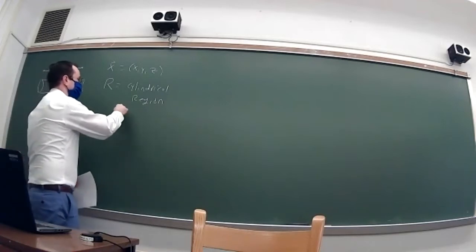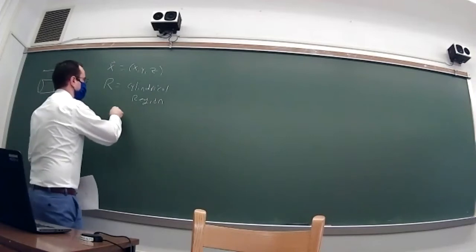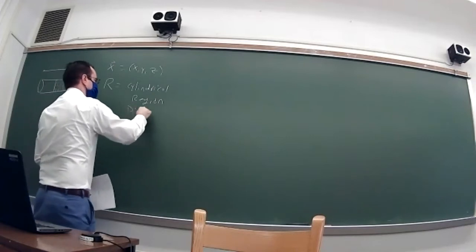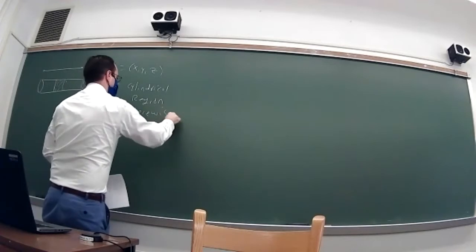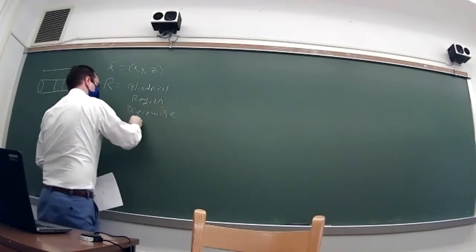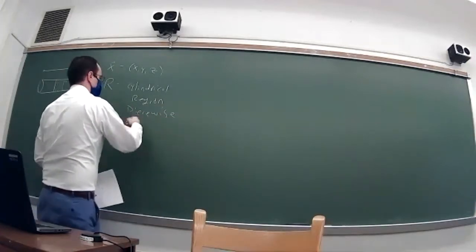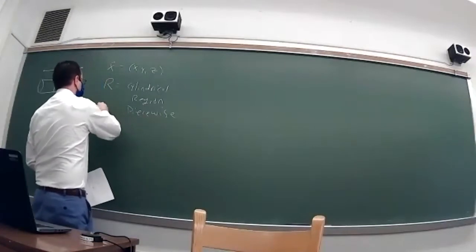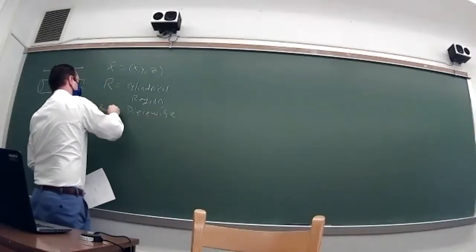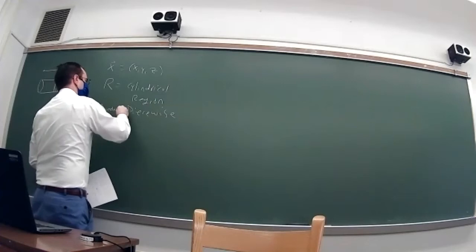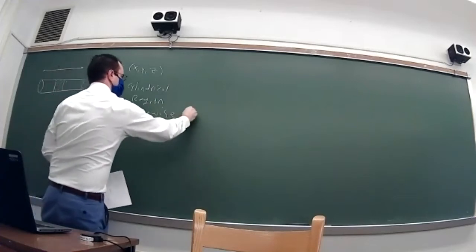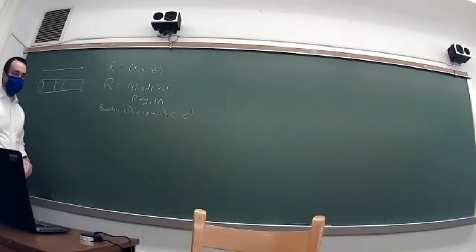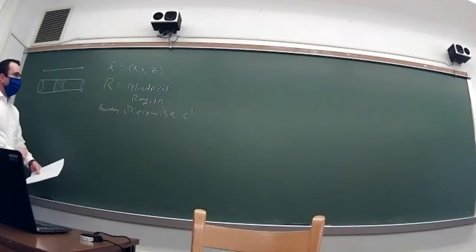I'm going to say something a little bit different. I'm going to say assume that it is piecewise C1, or say assume that the boundary is piecewise C1. I'll explain. And what does this mean?